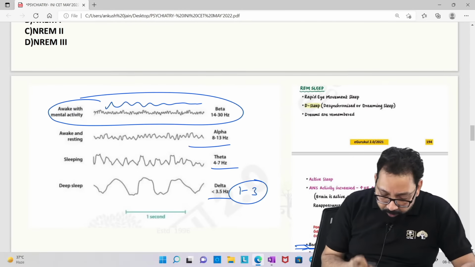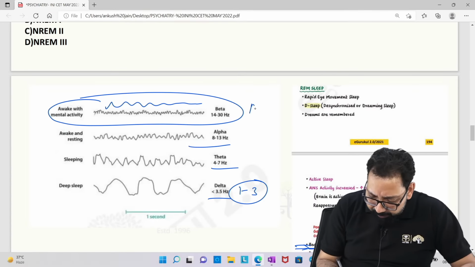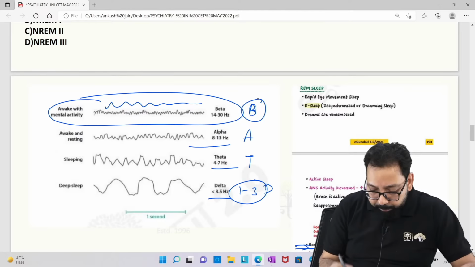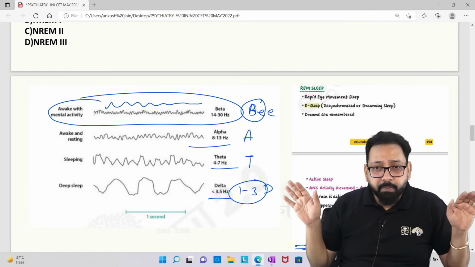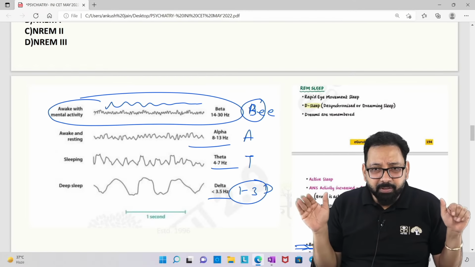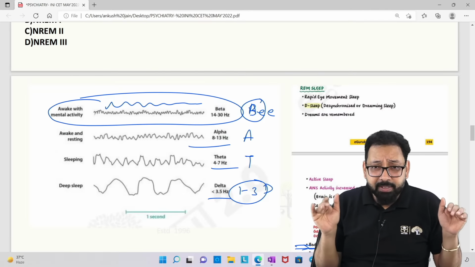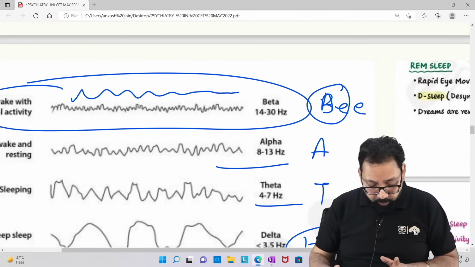Beta waves I remember like this: B A T D, BAT D. B for bee, honeybee, which flickers very fast. That's why I say the frequency is high in a honeybee: frequency is high, amplitude is low.